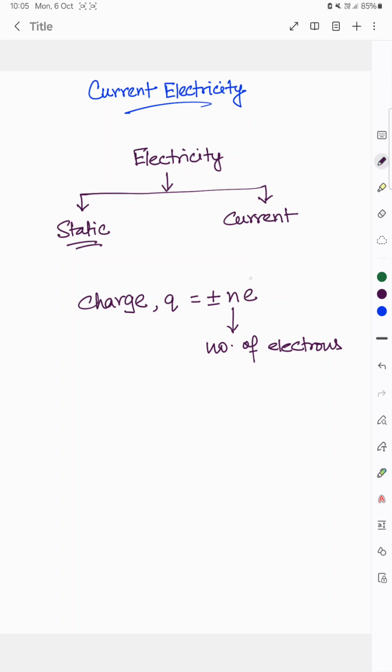And E is the charge of 1 electron, that is minus 1.6 into 10 to the power minus 19 coulomb, right? So what is the significance of this sign? Plus sign talks about the situation when there is a deficit in electrons, and the minus sign talks about the situation when there is an excess in electrons.